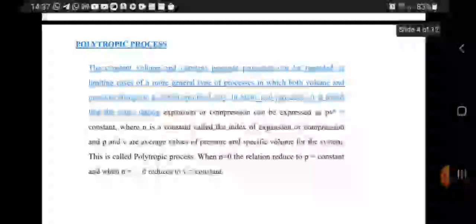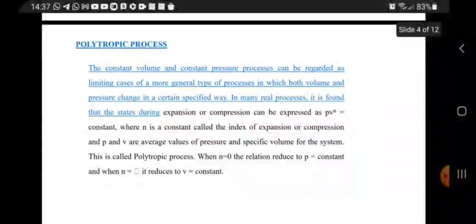Next we see the polytropic process. The constant volume and constant pressure processes can be regarded as limiting cases of a more general type of process in which both volume and pressure change in a certain specified way.